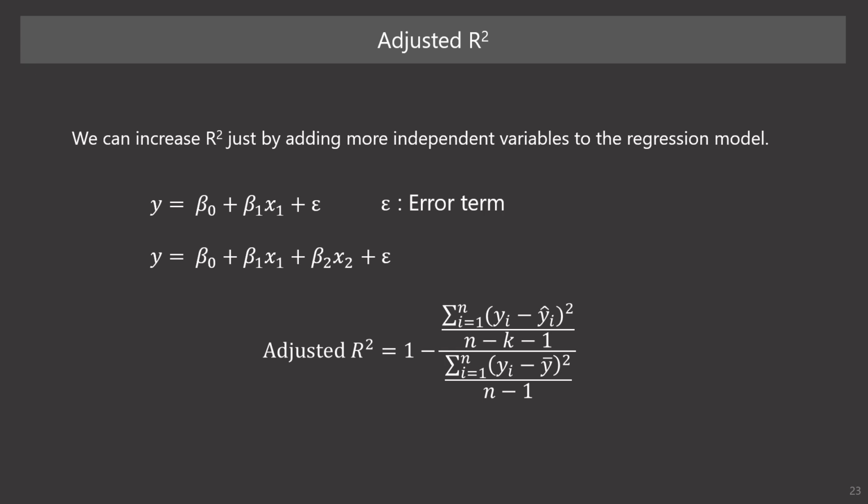The point here is that if we keep the sample size constant, the increase in k increases the numerator, so the second term increases. So the adjusted R-squared decreases as k increases. That is, other things being equal, as the number of independent variables increases, the adjusted R-squared decreases.